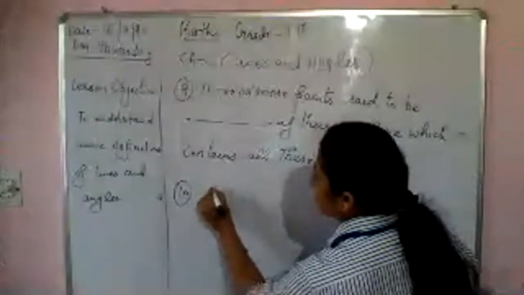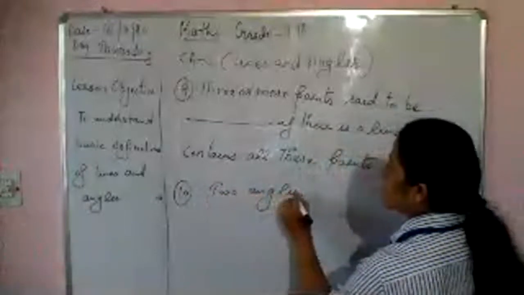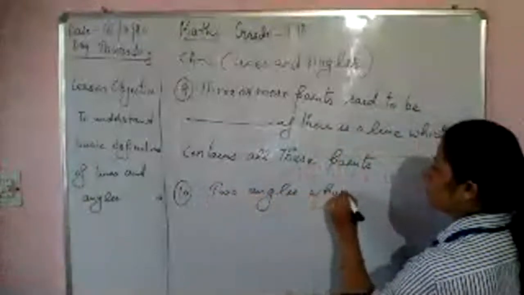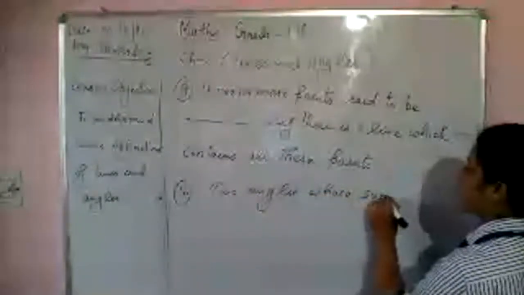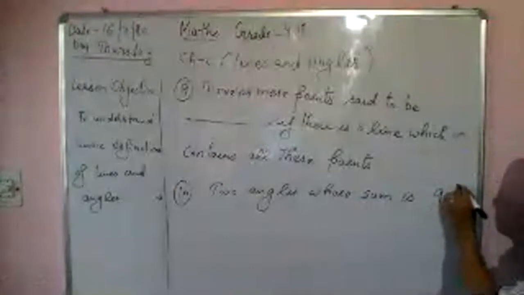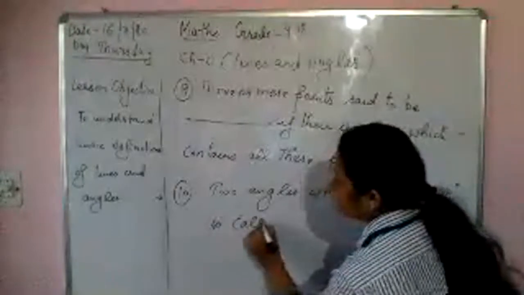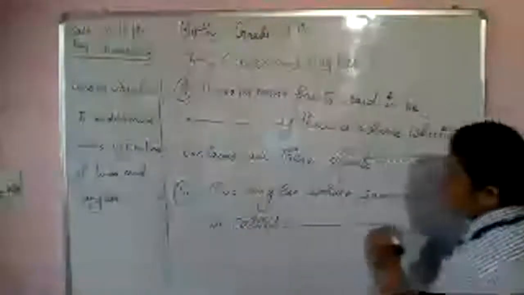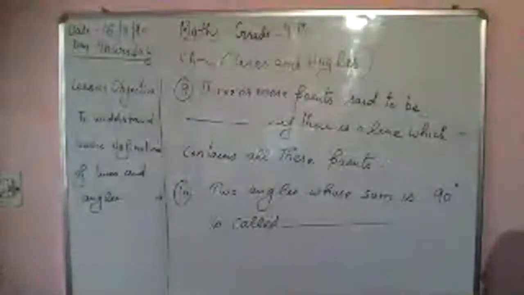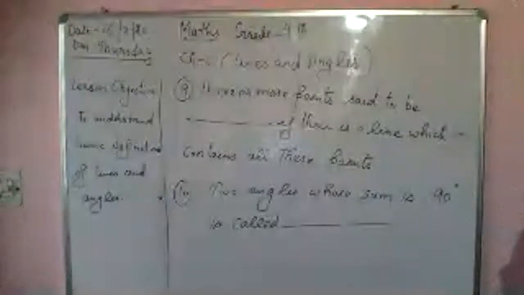10th. Two angles whose sum is 90 degree is called dash. This is your 10th question.